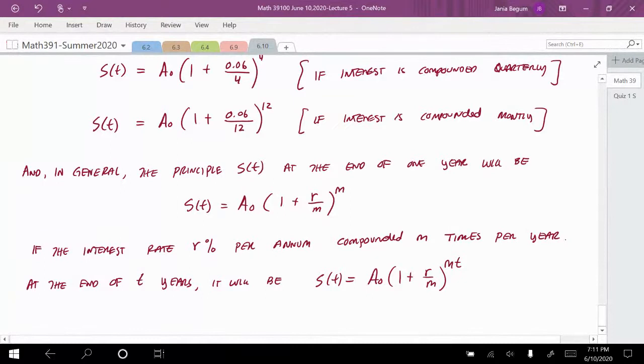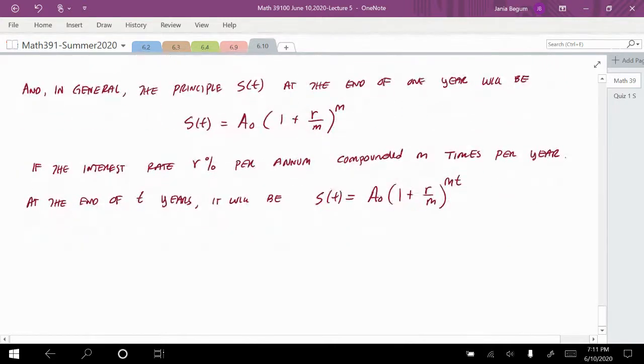Now, what we want to do in this course is compound it continuously, meaning at every instant. Okay, so this is what's going to happen. Compounded continuously, we let m go to infinity, because you want to compound it at every instant.